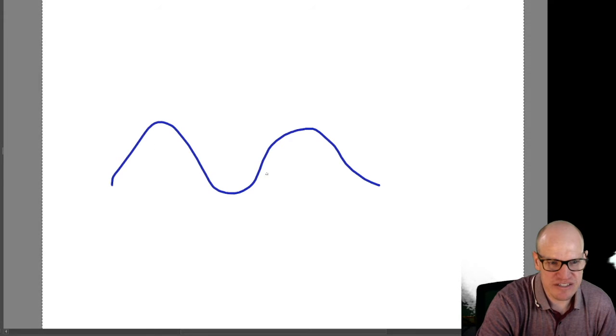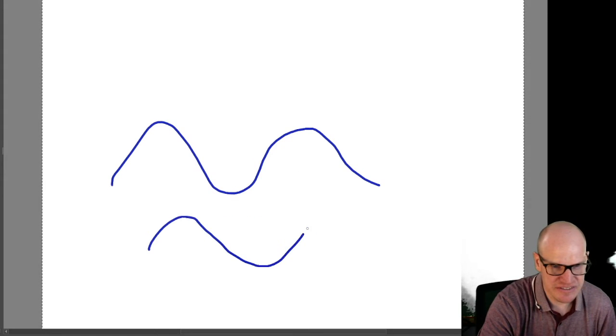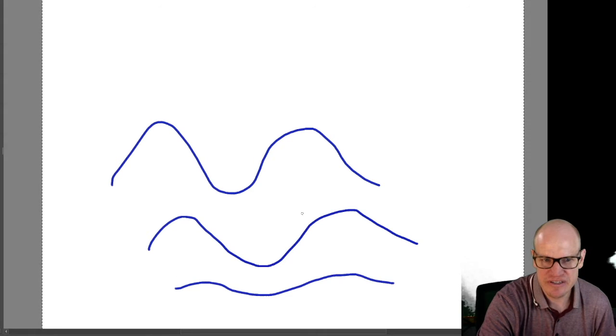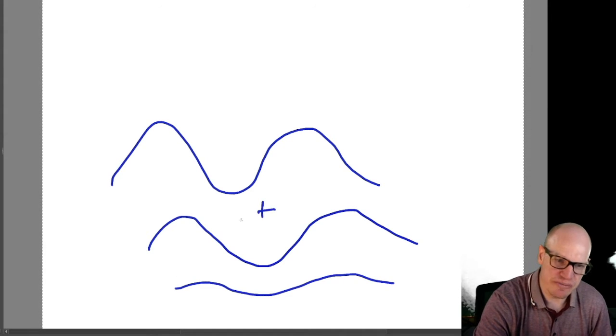And you can have everything in between. So you could have one wave like this and another wave that is slightly out of phase. Oh, that's not slightly out of phase. I wanted it to actually be out of phase slightly. So like this. And the sum of this is going to be maybe some small amplitude wave when you add these two things together. You could imagine having them at different wavelengths.